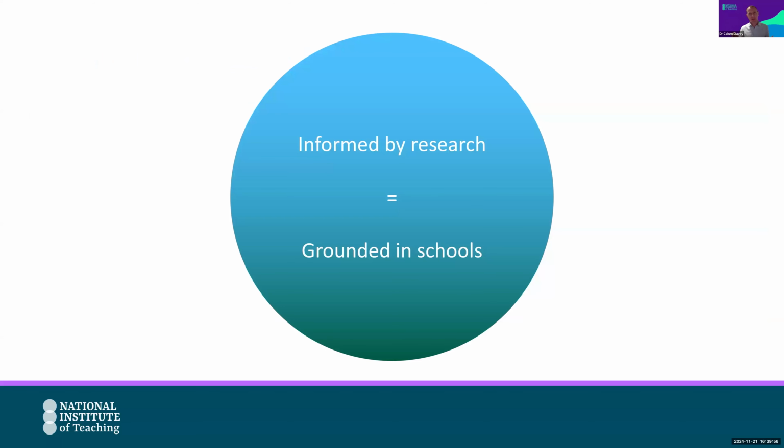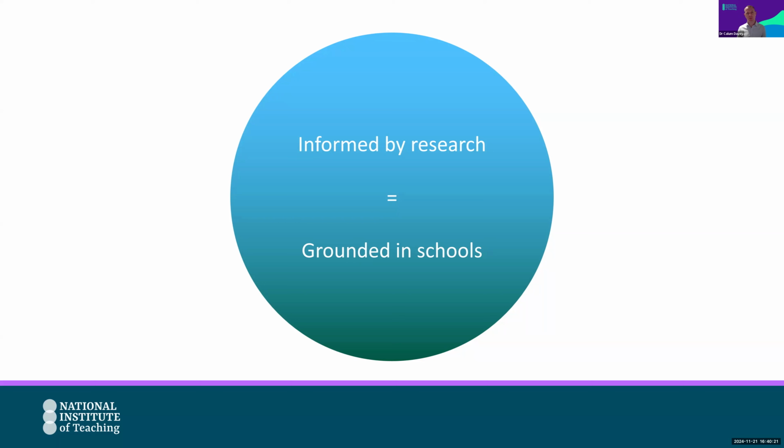So this is the conundrum that we're trying to solve, and this goes back to the concept of close to practice research that Sin-Wang has introduced this morning, which is that what we want is to always be grounded in schools, and by schools we mean the wider sector, really, but primarily in England. But we also want to be informed by research.